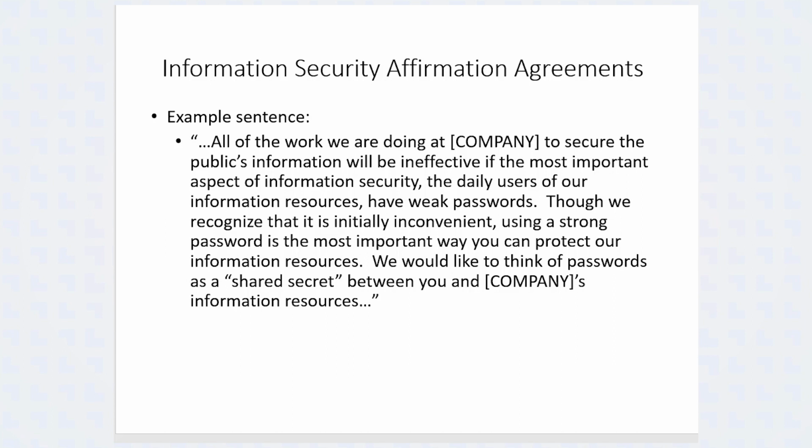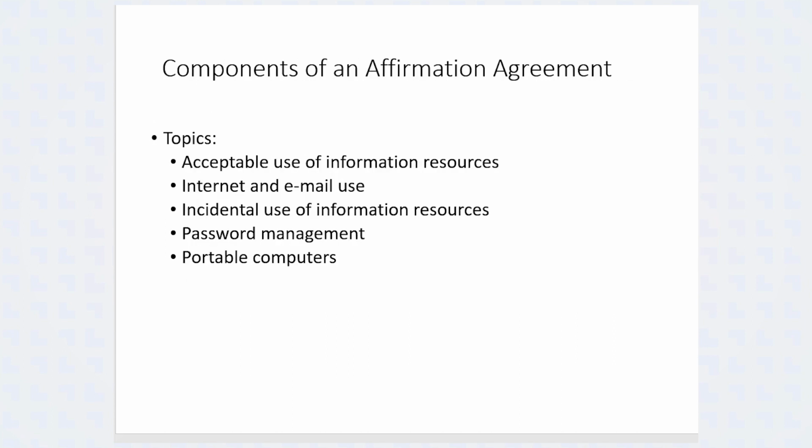The components of an affirmation agreement can include such topics as the acceptable use of information resources, whether or not you can download it, whether or not you can take it home, internet and email use, incidental use of information resources, password management, laptops and portable computers.